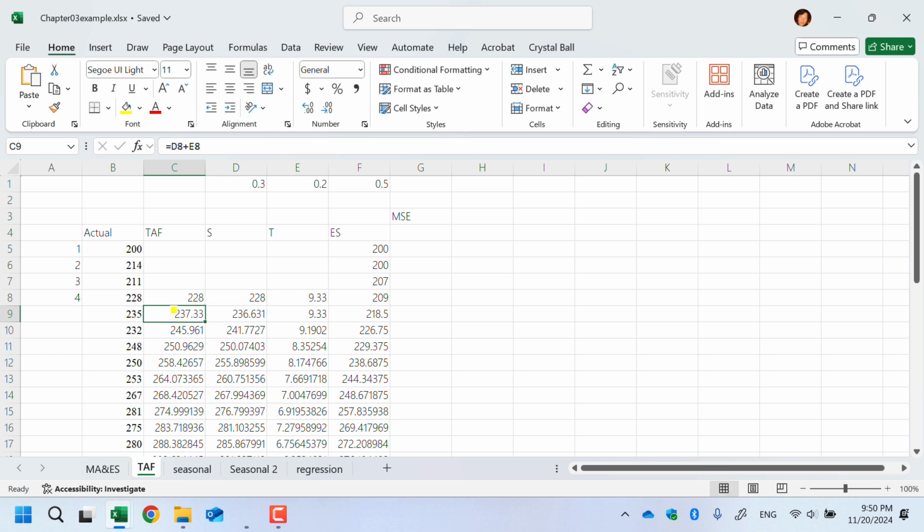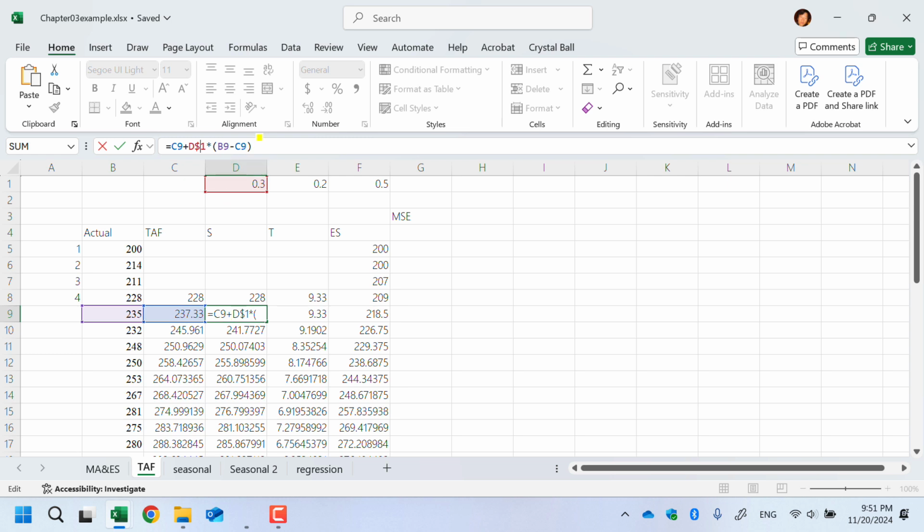So you got a TAF, and then S, you're going to update it using exponential smoothing, right? So exponential smoothing: this one, C9, plus alpha times your actual minus TAF.